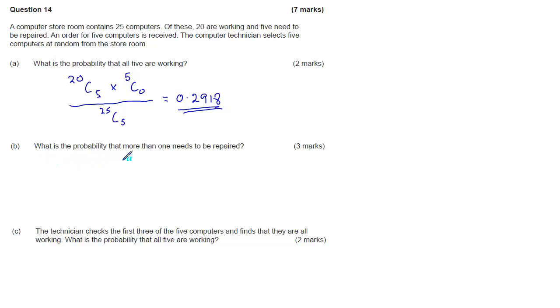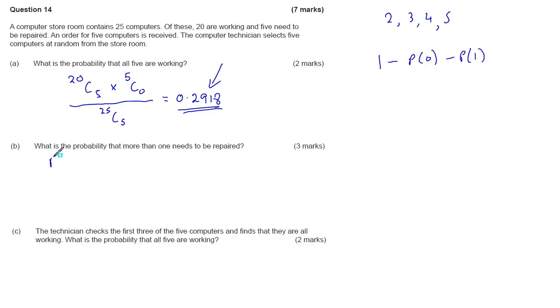What is the probability that more than one needs to be repaired? So we could work out the probability for 2, 3, 4 and 5 and add them together, but it's probably easier to do 1 take away the probability of none of them, take away the probability of 1, especially since we already have the probability of none of them needing to be repaired.